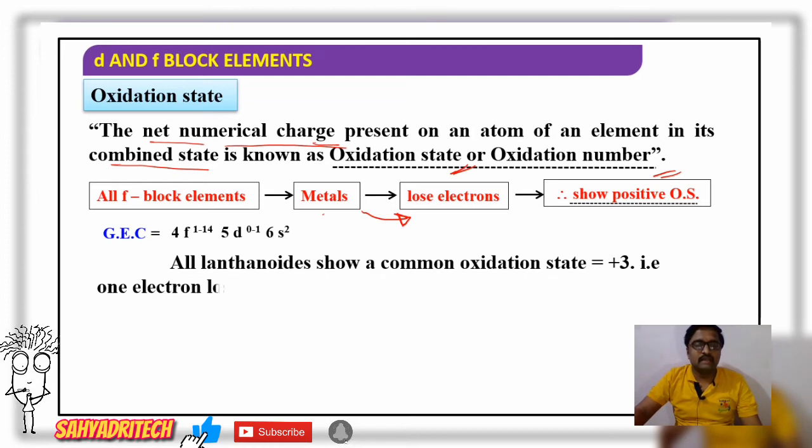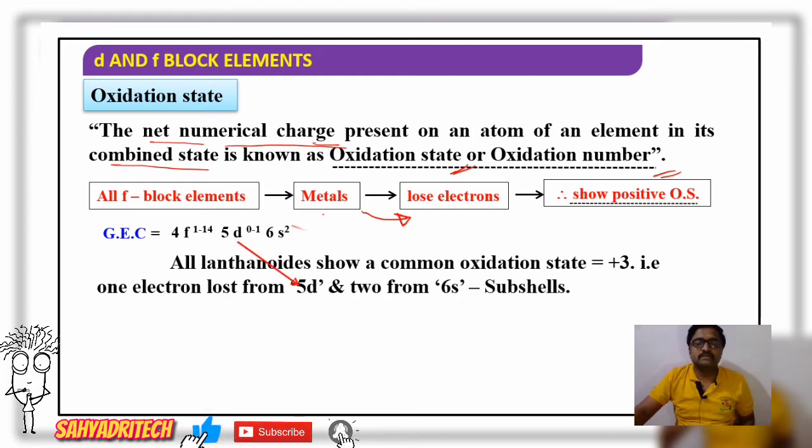So if I consider the general electronic configuration, 4f 1 to 14, 5d 0 to 1, 6s2, all lanthanides show a common oxidation state, what we said, the +3 oxidation state. How are they going to get the +3 oxidation state?